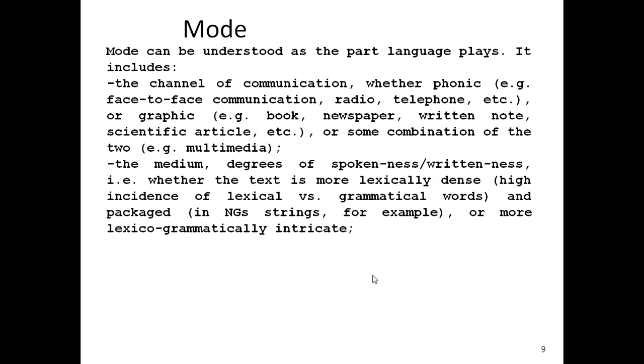Okay, so you see all combinations are possible. I mean, not all, but many combinations are possible. And you should know the difference between the channel and the medium. Okay, the channel is the physical way in which we emit or perceive a message. Whereas the medium is more complex.